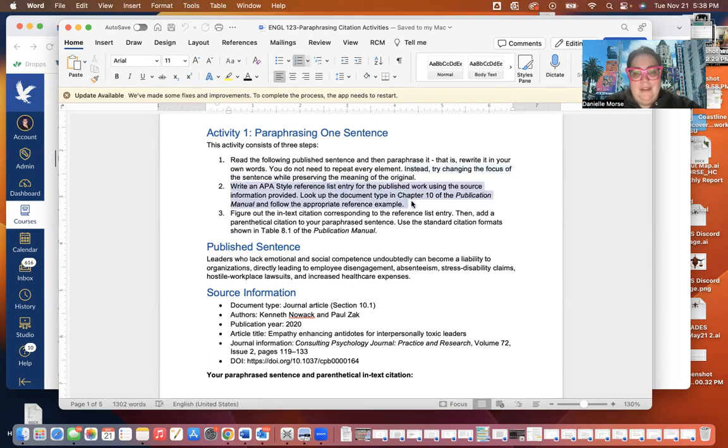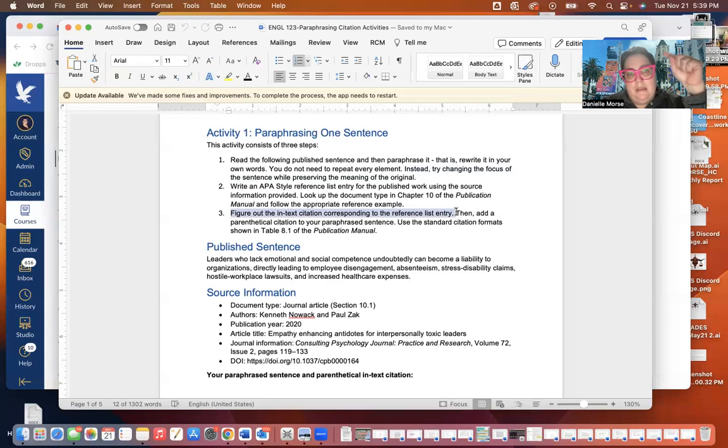And then it's saying, write the APA reference list, and then figure out the in-text citation corresponding to the reference list entry, and then add a parenthetical citation. That's just what this means here. It's not explicitly saying it, but I know what the subtext is, and that's because there's a direct connection between in-text citations and the references page.